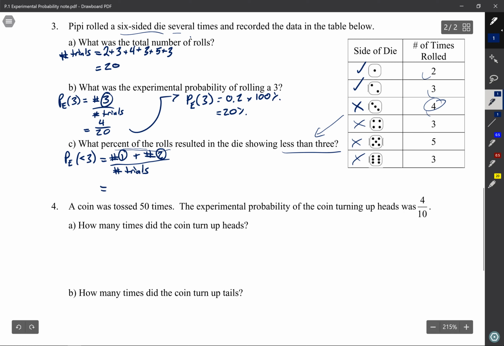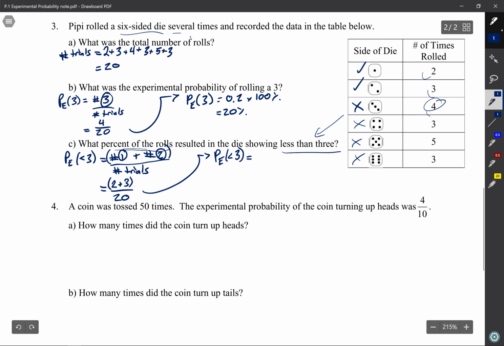Well, our total number of trials hasn't changed from above what we calculated. It's 20. Number of times we roll a 1 is twice. Oops, not multiplying, we're adding here. And the number of times we rolled a 2 was 3. So the experimental probability of rolling less than a 3 would be 2 plus 3. We'll always put that in brackets on the top if it's more than one thing.